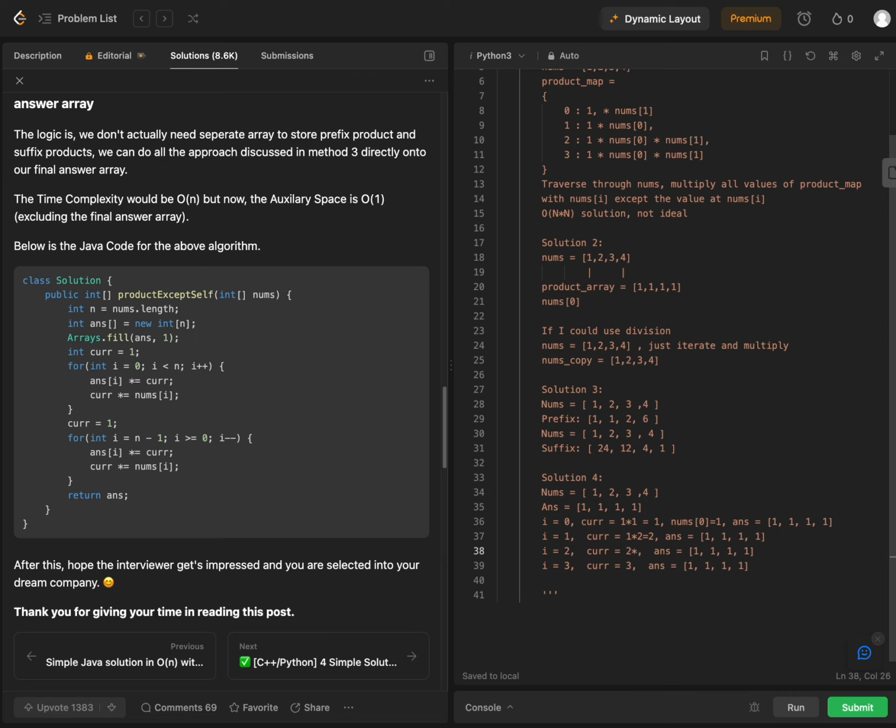What you want to do now is with 2, you want to multiply I1 times 2. So this becomes 2. And then this becomes 2 times 3.